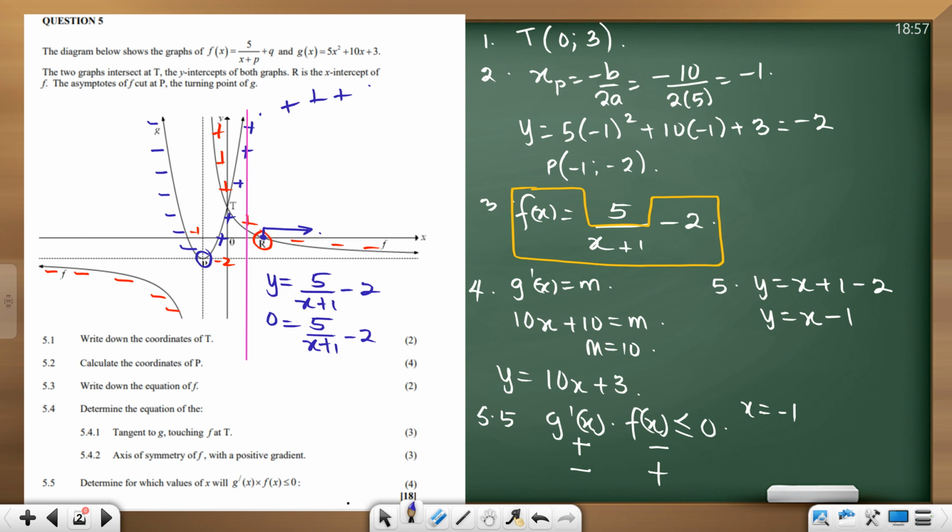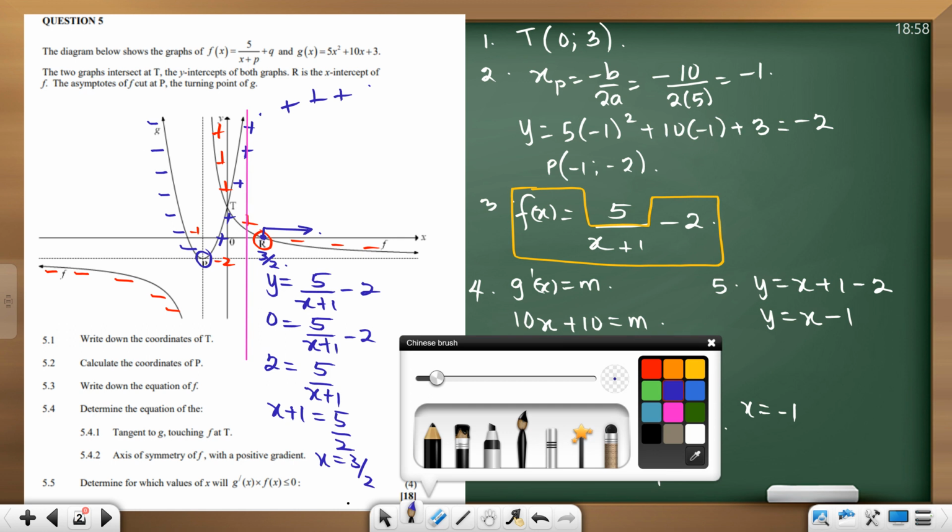Can I move the negative 2 over? 2 equals 5 over x plus 1. Time for cross multiply. Just switch those things. And then move the 1 over to give you negative 1. 3 over 2. This point is 3 over 2.